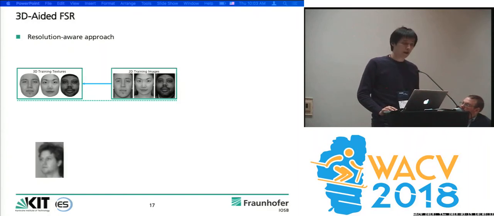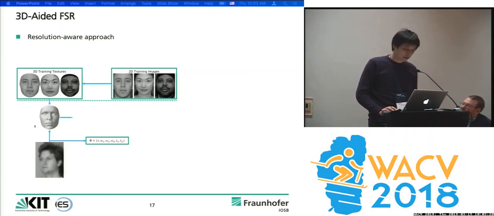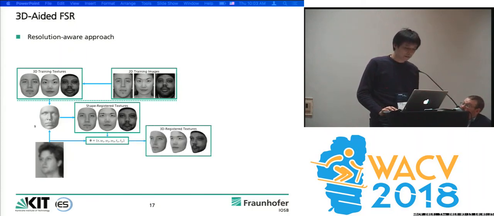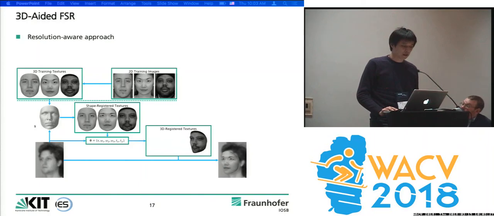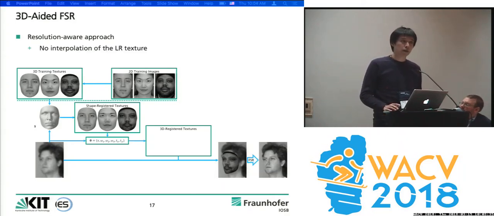Now, given an input low resolution image, we reconstruct the 3D shape and the 3D pose of the face, and then we project all the trained data with respect to the 3D shape and 3D pose onto the input frame, so that with the registered data we can use a face super resolution algorithm to get a high resolution output.